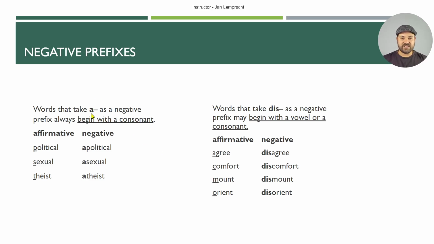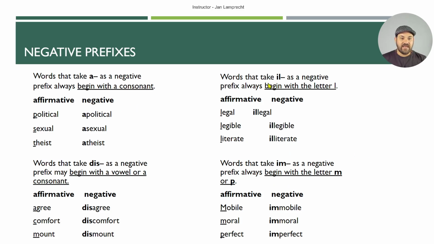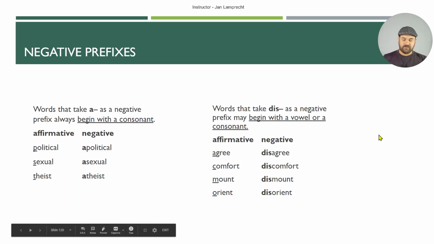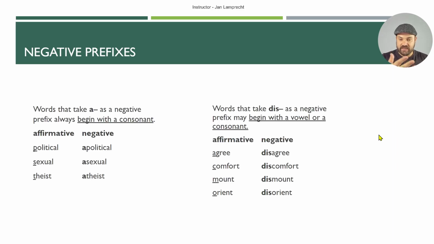So words that take a as a negative prefix always begin with a consonant. So now maybe you're asking, how do I know if I need to use a or dis or il or im? Well, you have everything in front of you. Here are some rules. For example, political, apolitical.